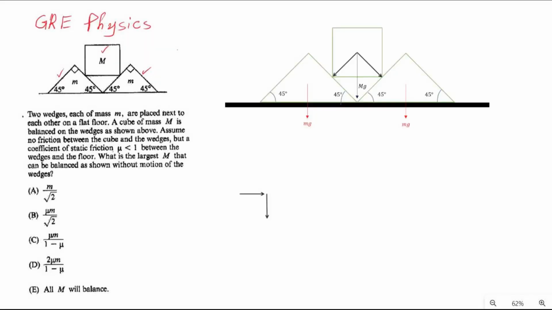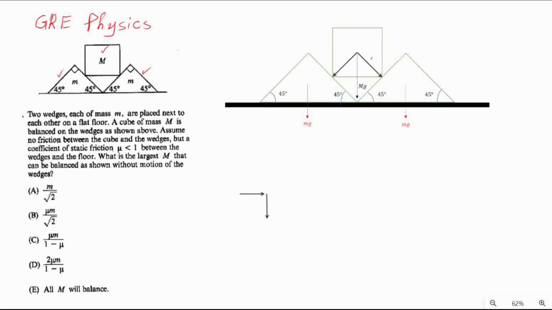I have redrawn the figure here to show the forces involved explicitly. Here, this capital M times g is the weight of the block, and here I have resolved this force into two rectangular components.